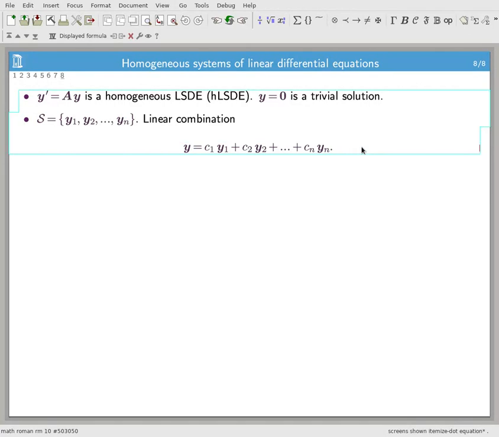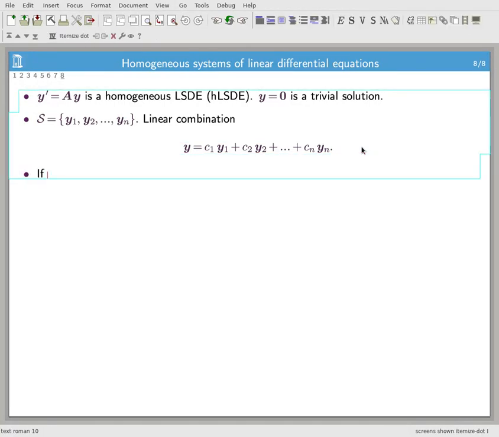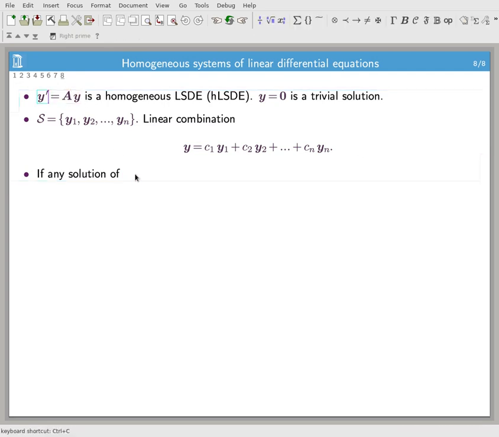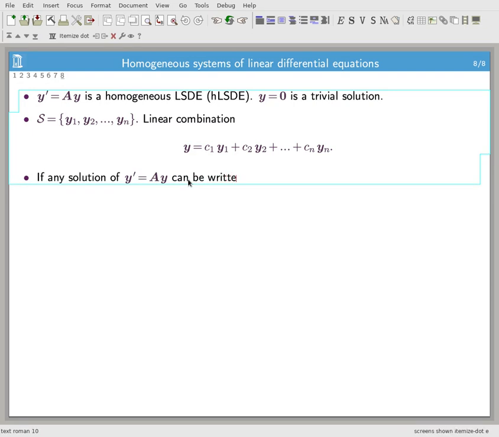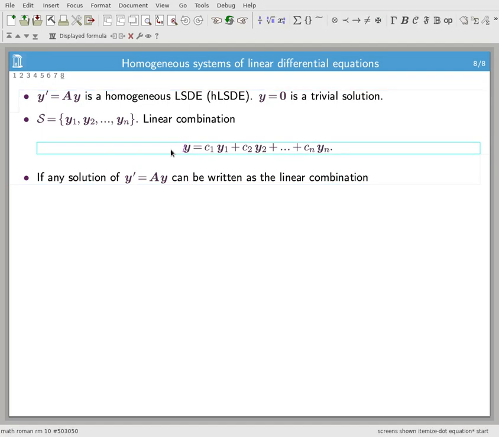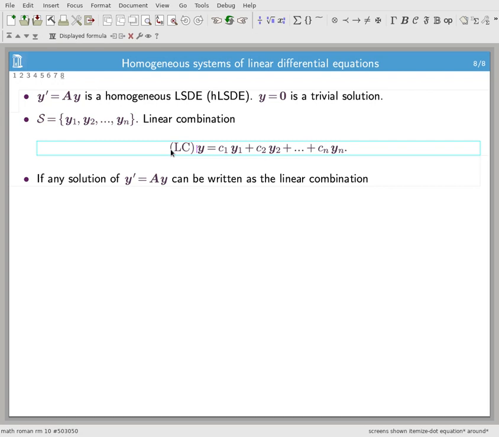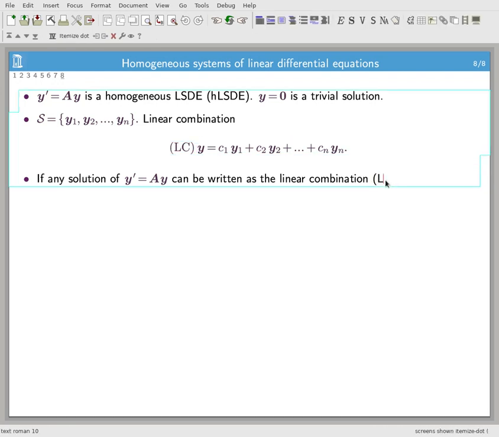Now, if any solution of our system y prime is A y can be written as the linear combination above, this linear combination we have here, then we call S a fundamental set of solutions.